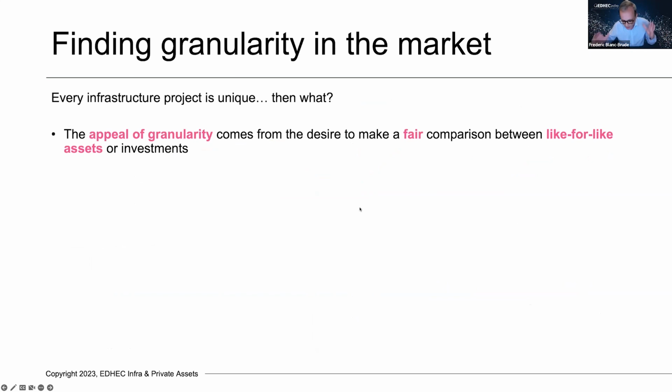So that was robustness. Robustness is fairly easy to understand. You need more data and you need the minimum amount of data. Now, granularity, that's the sort of opposite problem. The appeal of granularity comes from our desire for a fair comparison, right? A like-for-like comparison.